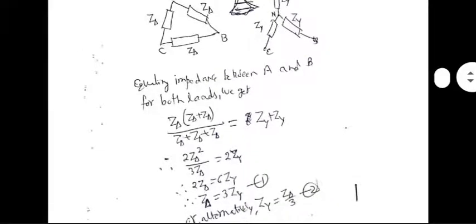So if you know the impedance of each branch in the delta load, divide it by 3 to get the equivalent impedance in the star load, assuming identical loads in all the branches. Very simple formula, this mathematics is straightforward. ZY is Z delta by 3 for balanced loads.